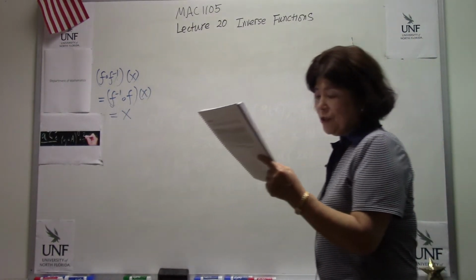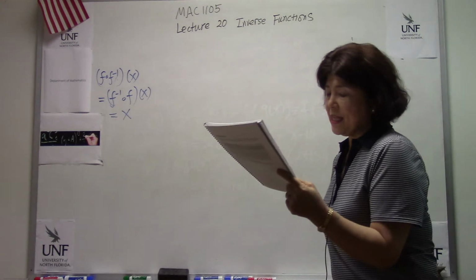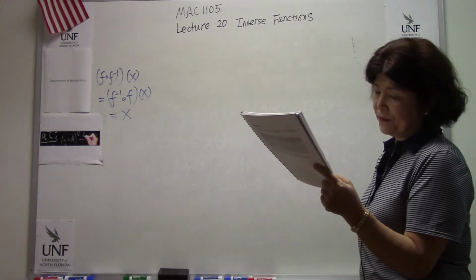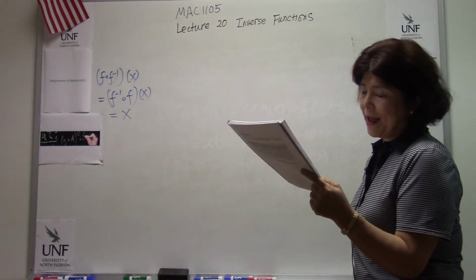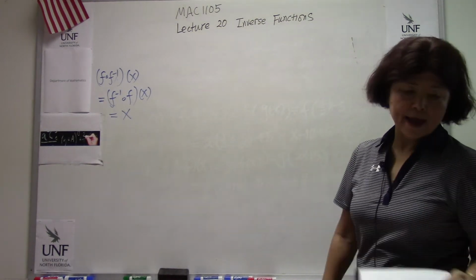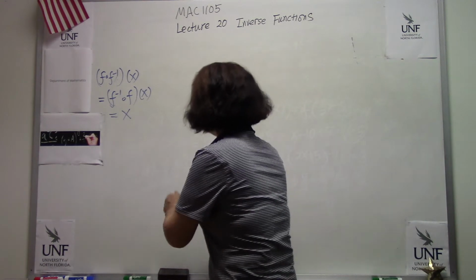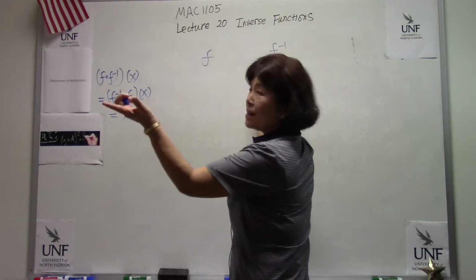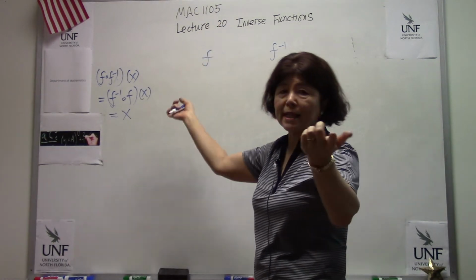By the definition of inverse function, the input of f is the output of f inverse, and the output of f is the input of f inverse. So collectively, f and f inverse, everything is just interchanged, x and y.